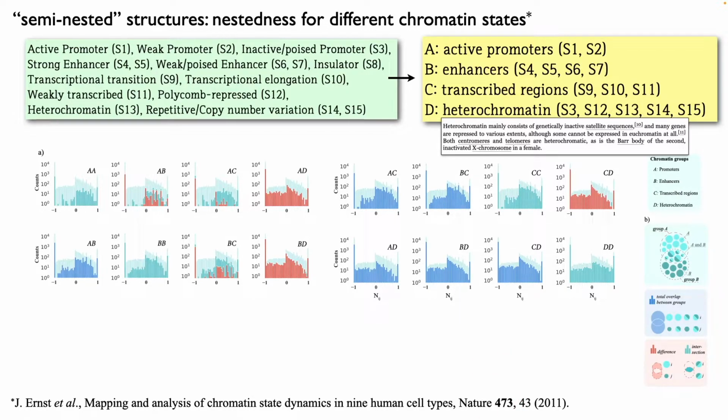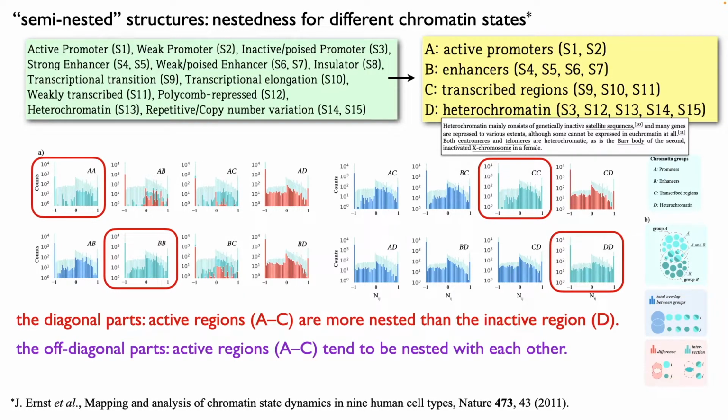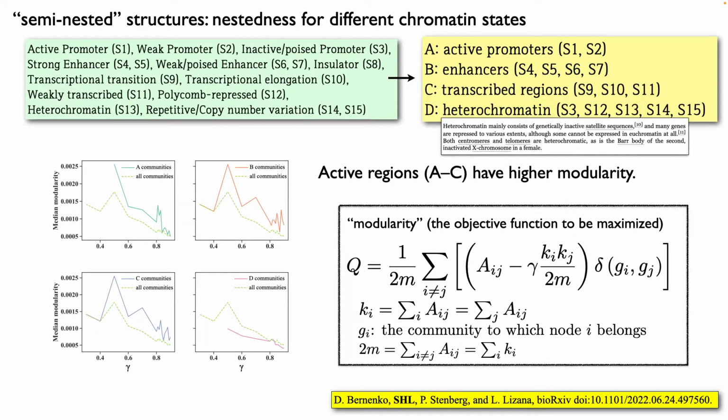Roughly speaking, the regions marked A to C represent more active regions than the inactive heterochromatin or D regions here. Our results show that the active regions are systematically more nested than inactive regions. In addition, active regions have higher modularity. So we found that the active chromatin regions are more modular and composed of more nested structure.